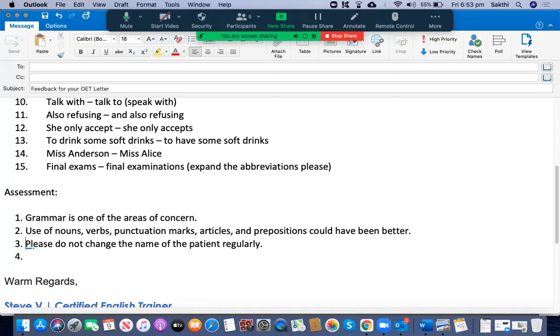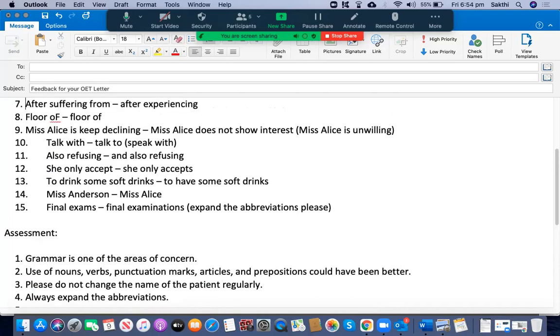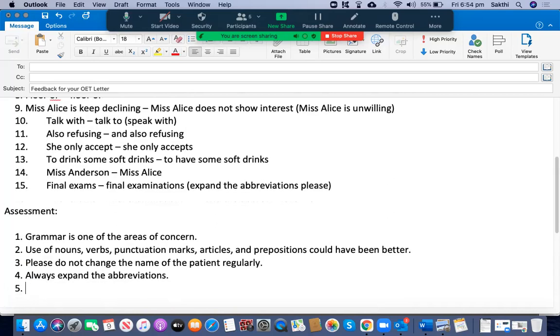Always expand the abbreviations. Never ever use abbreviations at all. Use the prepositions correctly. So talk with is wrong. Talk to and then speak with. And the handwriting needs to be improved a bit because your handwriting is not clear.